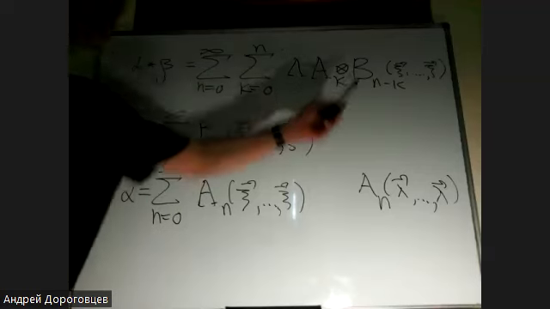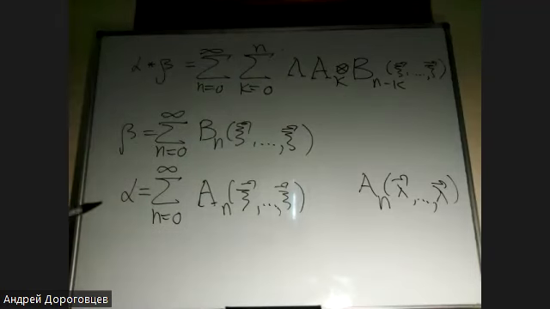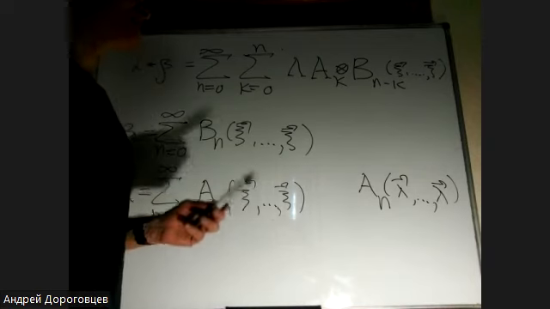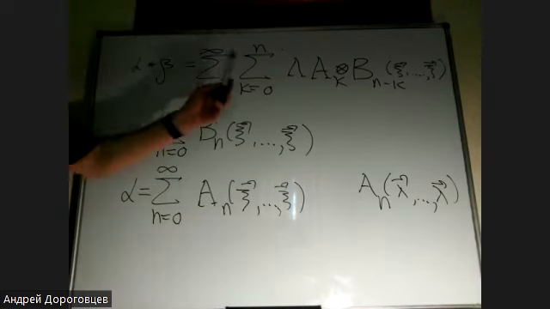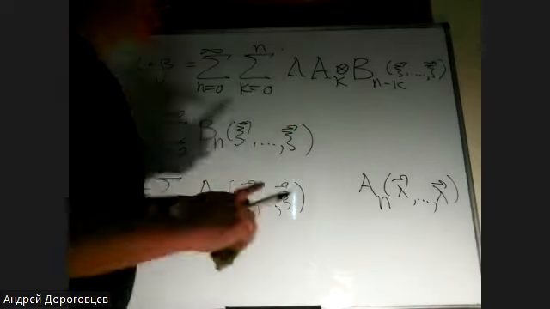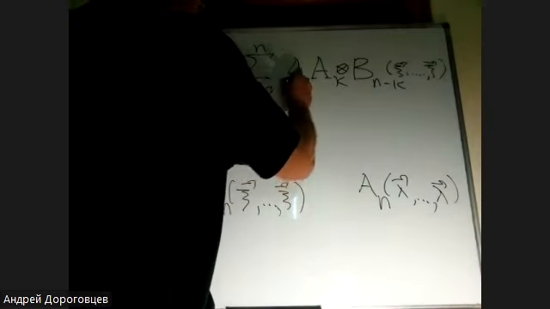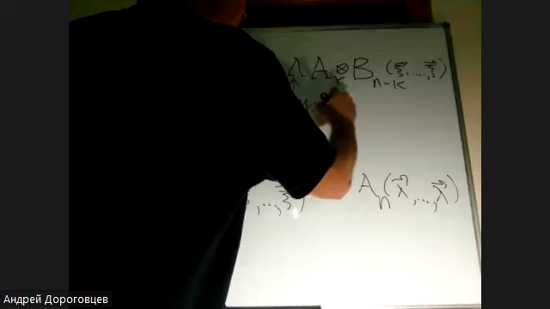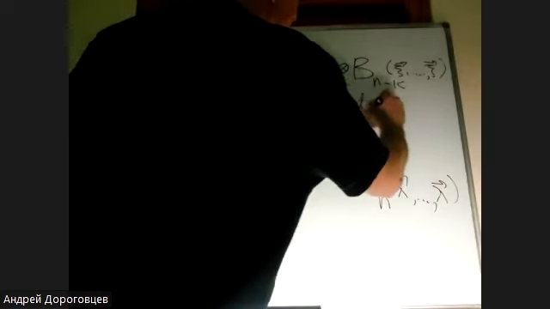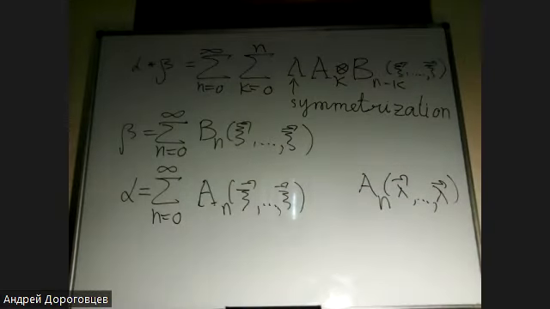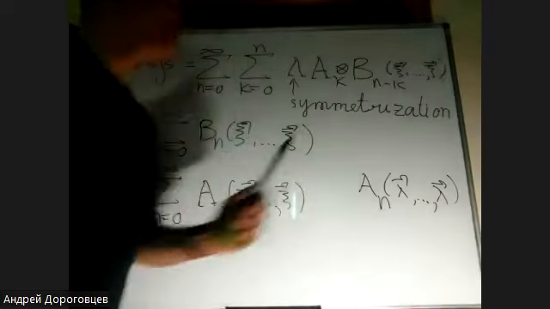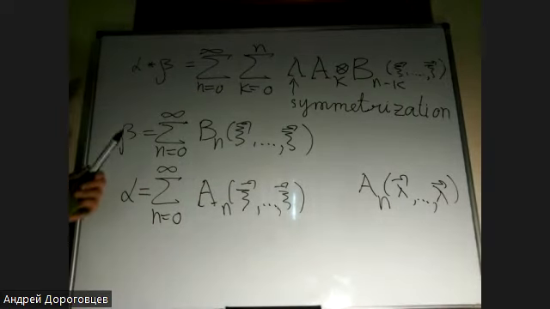But the tensor product is not symmetric, of course, because AN and BN are arbitrary. So we have to make symmetrization. Let me emphasize this. We have symmetrization, and after this, we can apply vector psi, and then have such a sum.